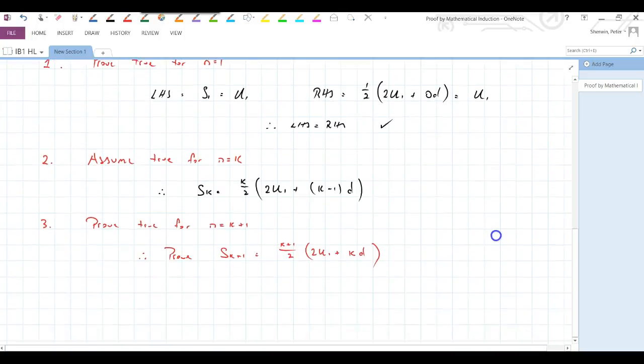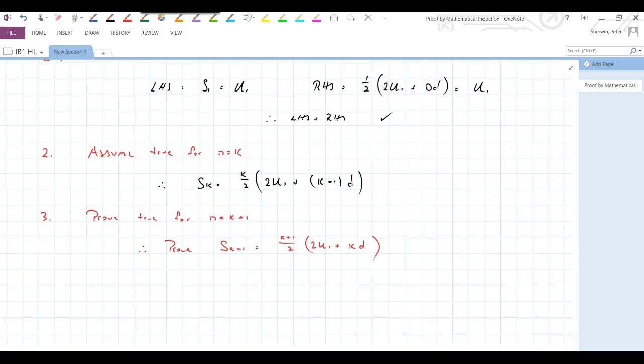As with step 1, we're going to have a left-hand side, right-hand side approach. So left-hand side equals S(k+1). Now, what's that equal to? Well, this is where we use the assumption. We always go back up here and use what we can. So that's equal to Sk, the sum of the first k terms, plus the (k plus 1)th term.